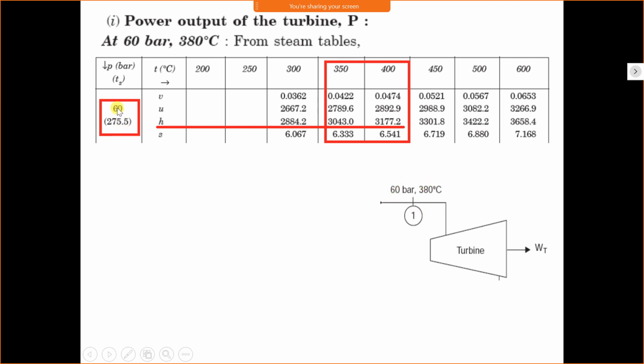Now at 60 bar, look here whether 380 degrees Celsius is given or not. Here 380 degrees Celsius is not given; 350 is given and 400 is given. If it would be 375, we would have taken the average of the enthalpies at 350 and 400, but here the temperature is 380 degrees Celsius.